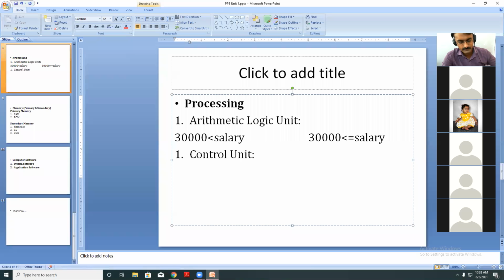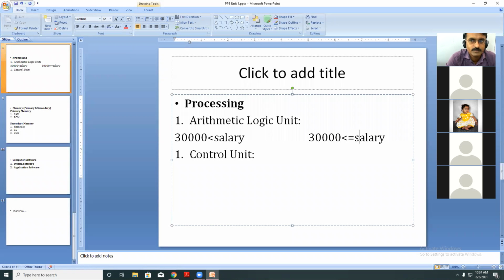See, this is the salary amount, 30,000. Is it visible on your screen? Yes, sir. Okay, 30,000 less than salary. 30,000 less than or equal to salary. What I want to find out is the employees whose salary is less than 30,000.